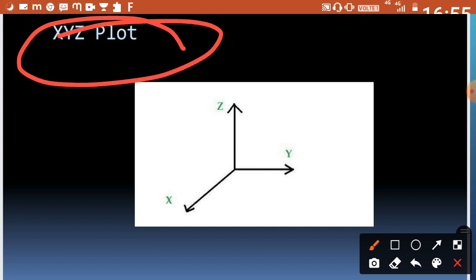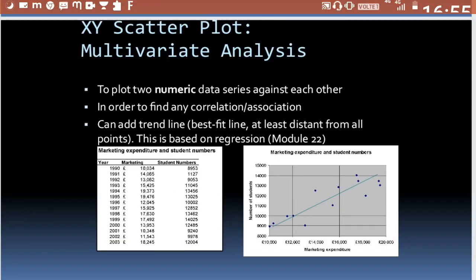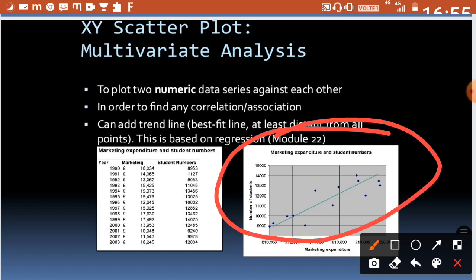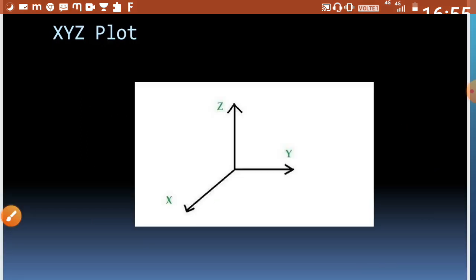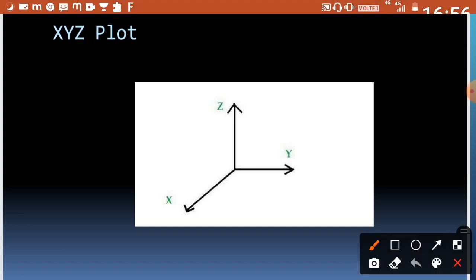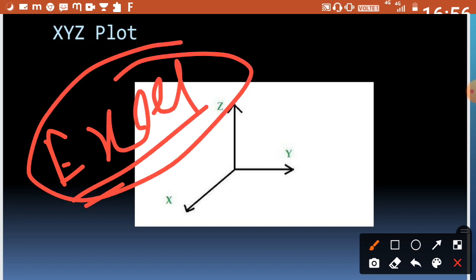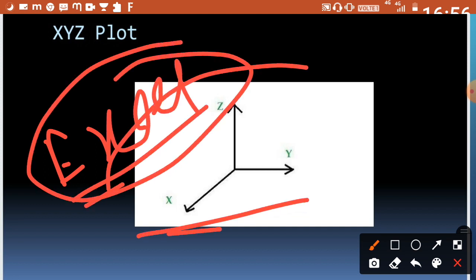Then comes the XYZ plot. By the way, most of these graphical presentations are done by software. I'm not aware of all the software, but one is Excel, and there are several other programs used to plot these kinds of graphs.